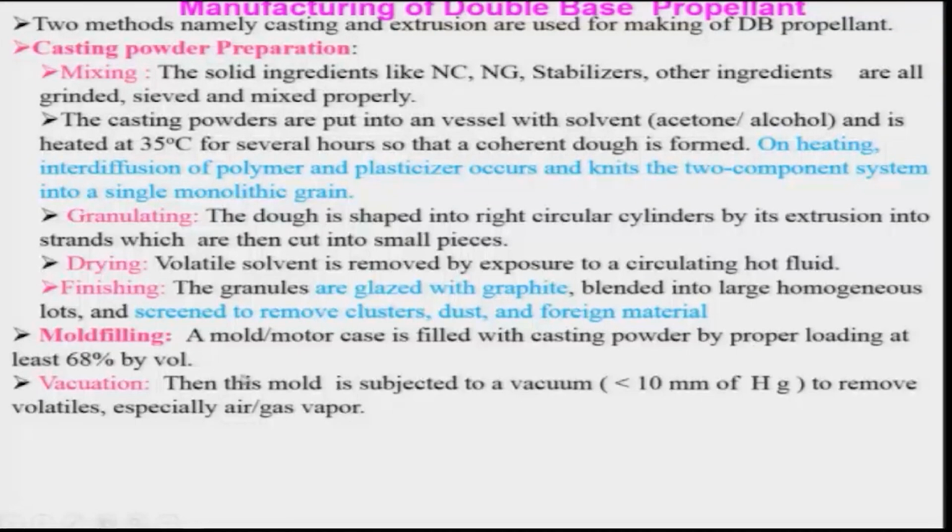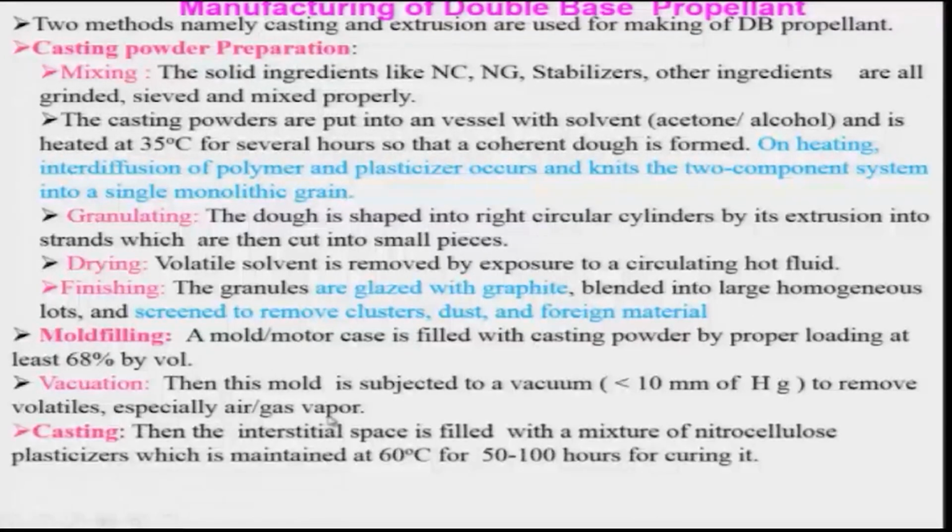Then this mold is subjected to a vacuum of less than 10 mm of mercury in order to remove volatiles, especially air or gas vapors.